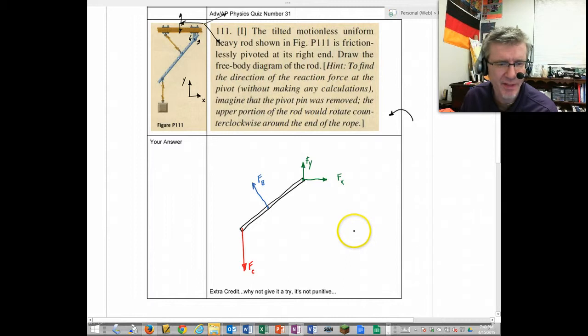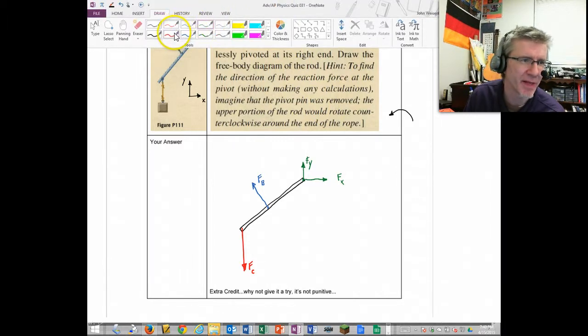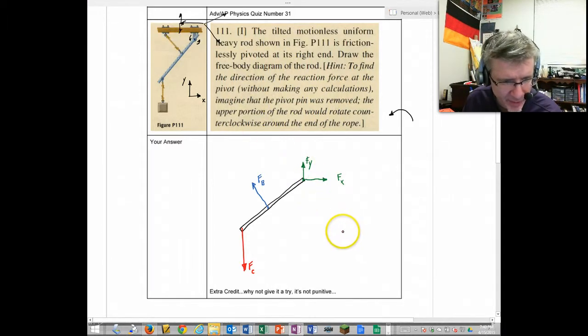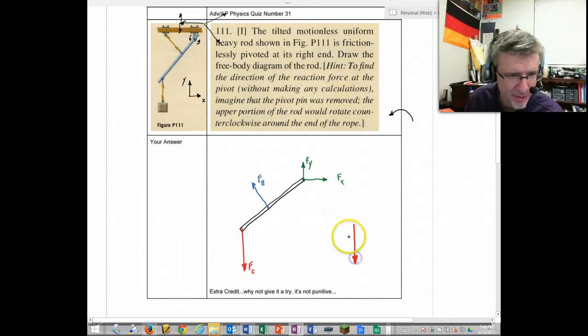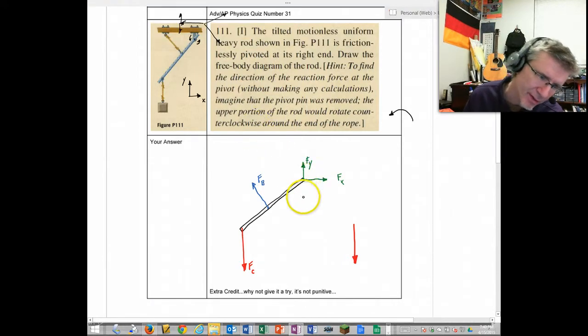But the thing we learned in the chapter is that all these forces have to make a triangle. If you have F sub C down, in other words, they all have to meet at a point. That's one claim we made in the chapter. So here's F sub C down. Now let's draw the forces isolated from each other. This is F of B over. I'm trying to get it just right here.